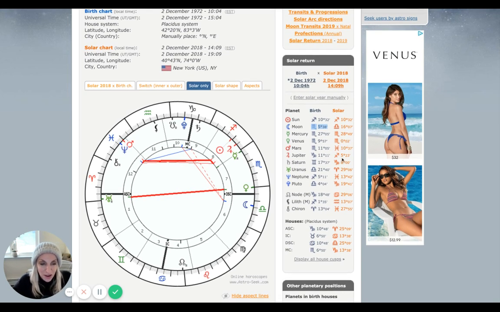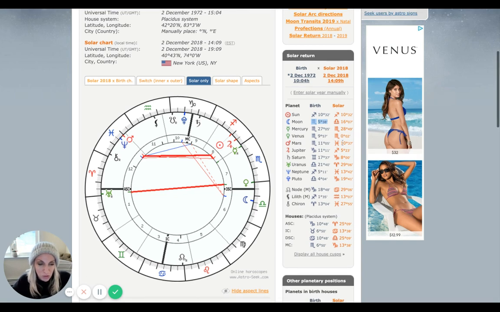The rest of the planets, Mercury, Venus, Mars, are probably going to be the same, although Venus is at 0 degrees Scorpio here. So it just entered. When a planet's at 0 degrees, that means it just entered that zodiac sign. So who knows? Maybe I'd have Venus in Libra still if I celebrated my birthday somewhere else. That's a possibility.